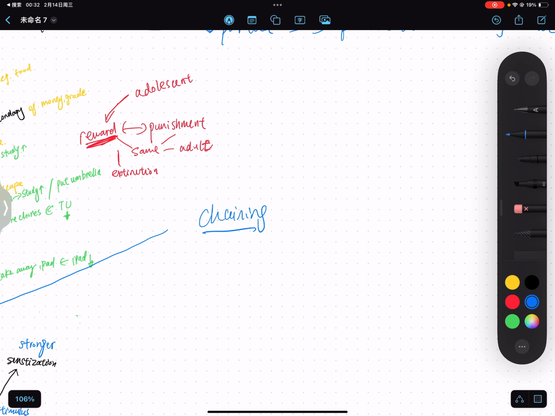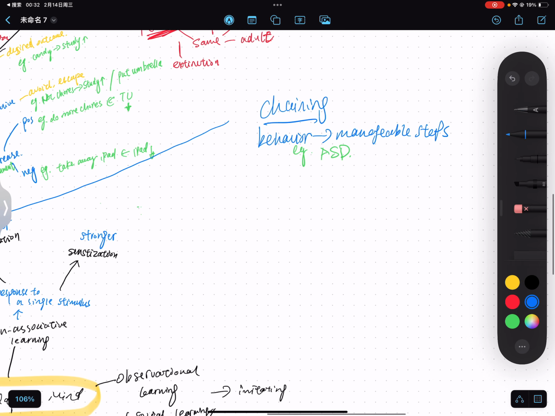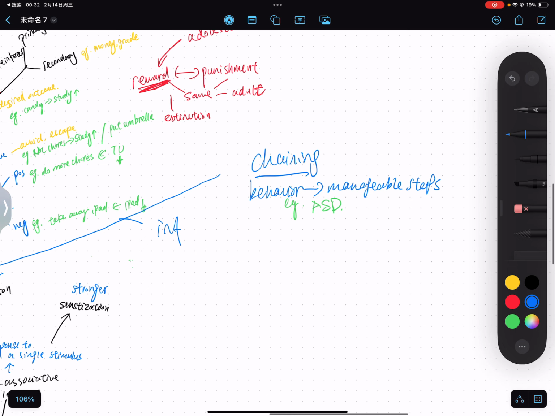It's about breaking down behavior into manageable steps. So it is also used in the treatment of ASD.